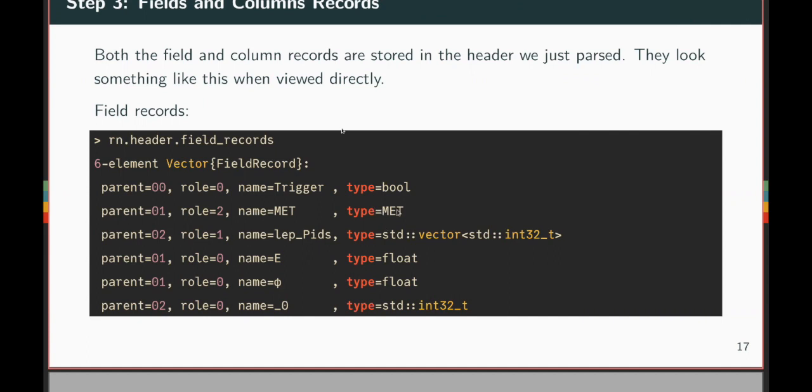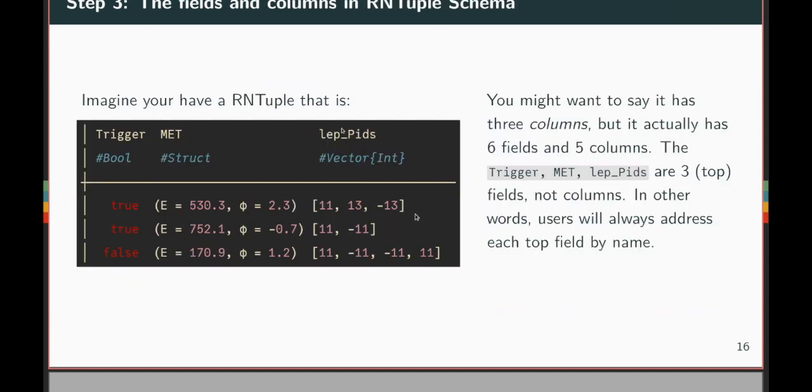Jerry, may I interrupt for a minute and ask you to go back to the last slide, because I'm not so good at abstract concepts. So I see 3 rows, 2 columns. You've got a struct with E and phi, 530 and 2.3. And then associated with that, you have 3 lepton PIDs, 11, 13, minus 13.